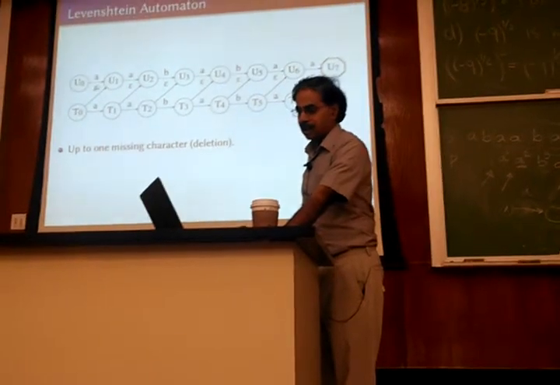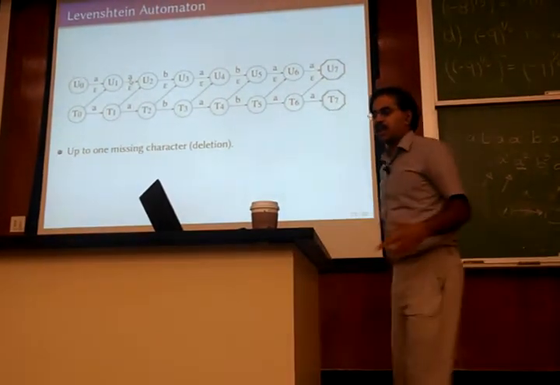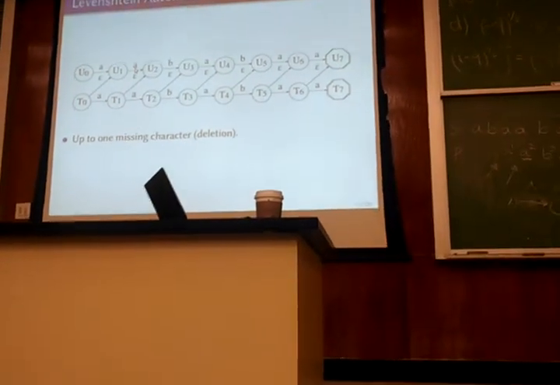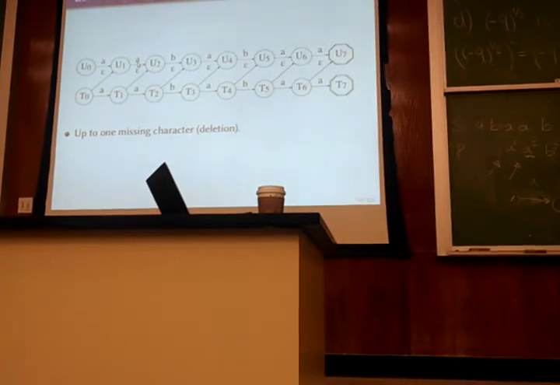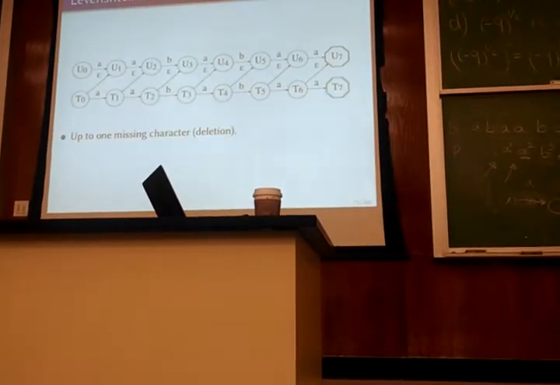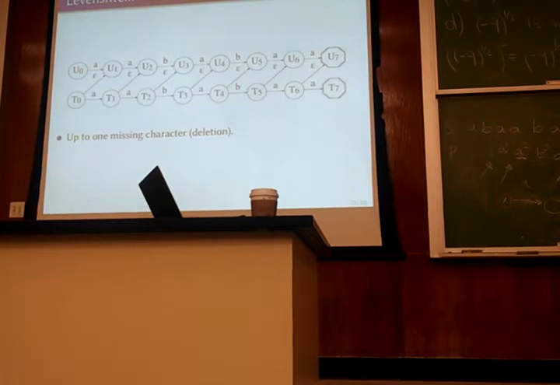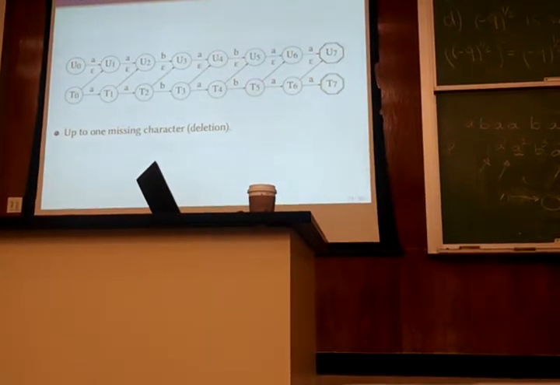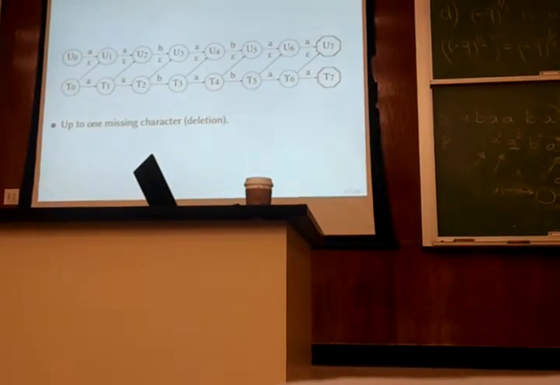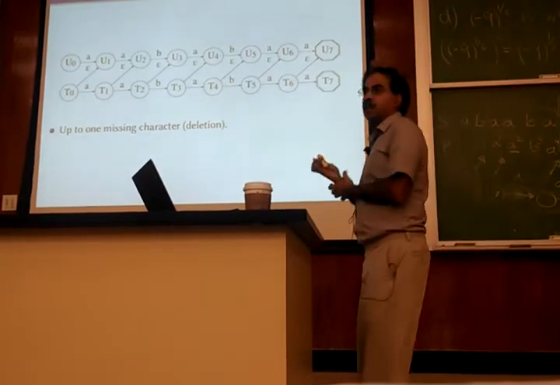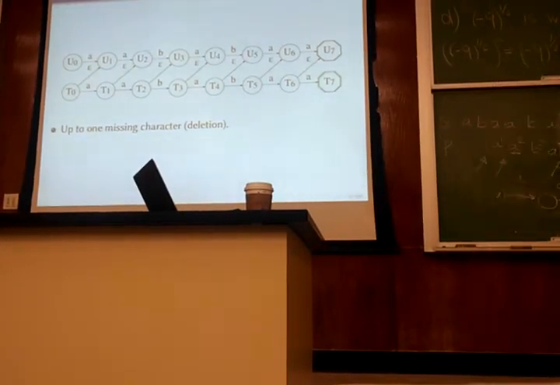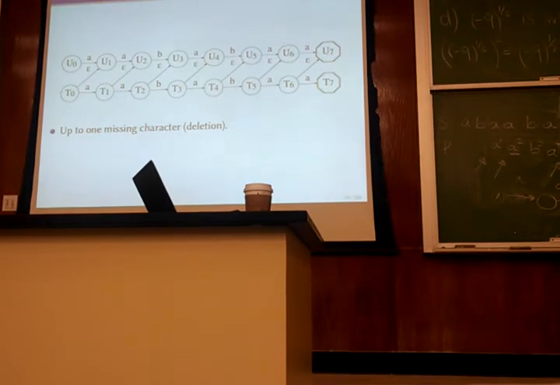You can see that the U chain is just a copy of the T chain. The only reason I have it is because I want to remember that I already deleted one character. If I put an epsilon transition from T0 to T1, then I won't remember how many characters I have missed.